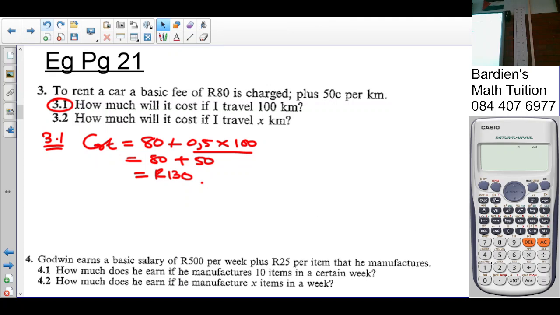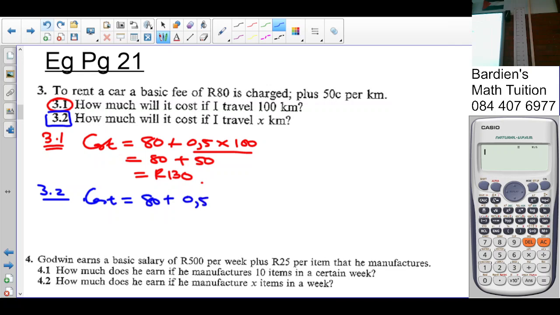Now in question 3.2, they want to know how much will it cost if I travel X kilometers? The cost would be what? 80 Rand plus 0.5 times this, and that can be written as 80 plus 0.5X.